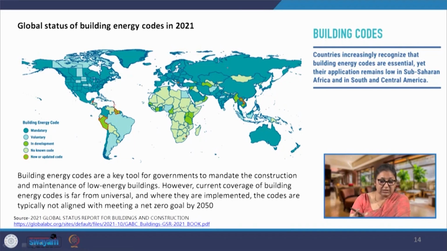Now, if we look at one of these indicators, which was building codes, we will see that more and more nations have actually come up with building energy codes. So, all the dark blue and the light blue that we are seeing on the world map here are the nations or the states which have already notified, either mandated or not mandated, the building energy codes in their respective nations or states. In some cases, which are in green here, the building energy codes are in the process of development, and the others, which are fewer, are the ones where no known building energy code exists.